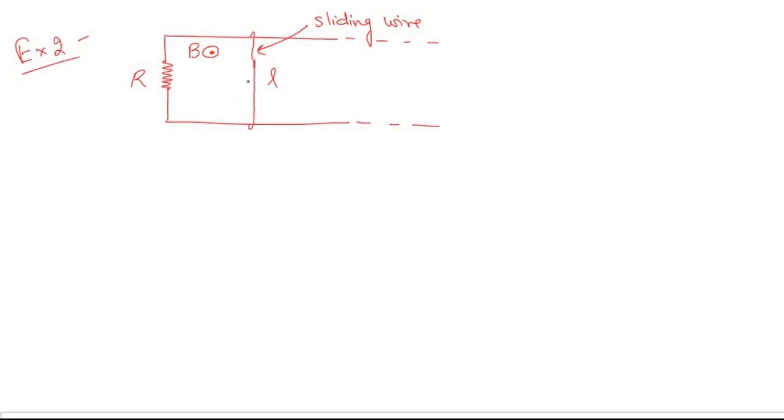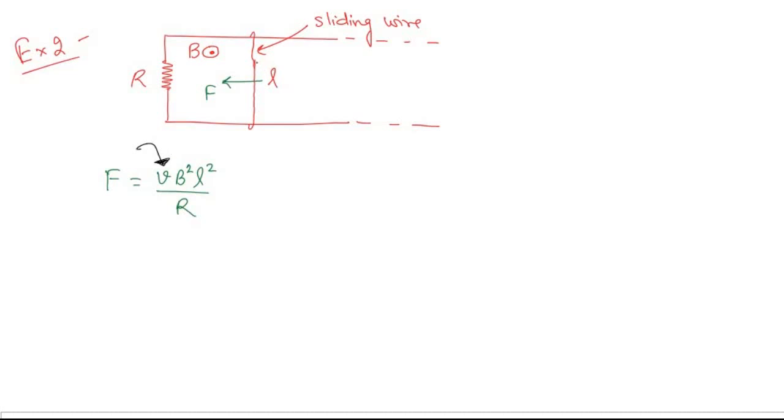So there is a motion. When the flux changes, the EMF is generated on the two ends of this wire L. When the EMF is generated, there is a force acting in this direction, and the magnitude of that force is given by V B square L square by R. See, this is a velocity dependent force, so it is a resistive force.